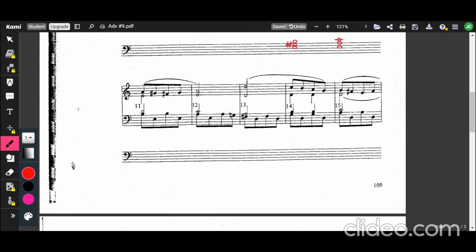For measure 11, in the bass, we have an E, and then above that, we have a B and a D. In the treble clef, we have another E, and two G sharps that are in the chord. We also have an F sharp and an A that do not really make sense in the chord, so I'm not going to include them.